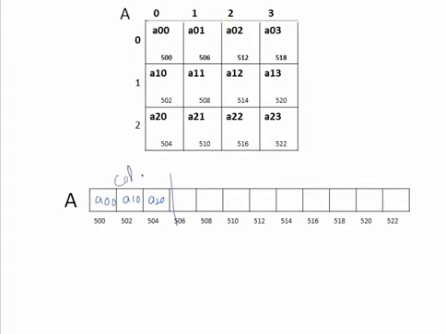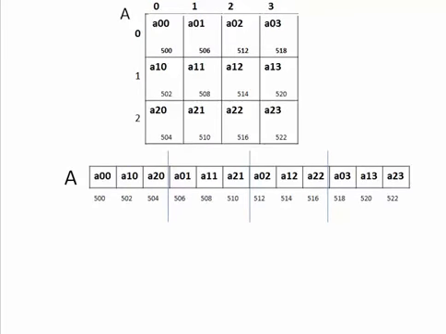This is column 0. Then column 1, column 2, and so on. So the array looks like this.